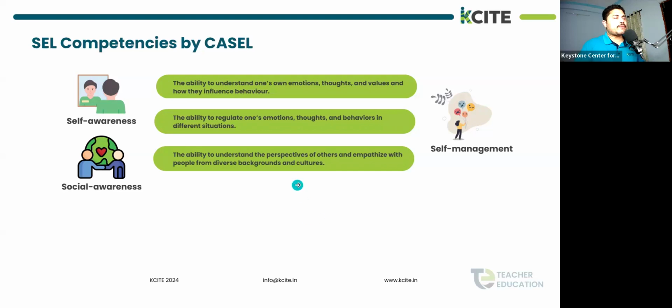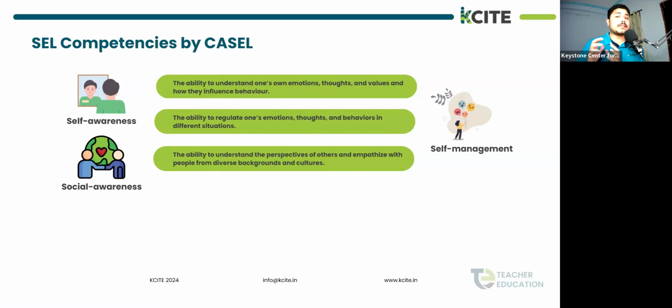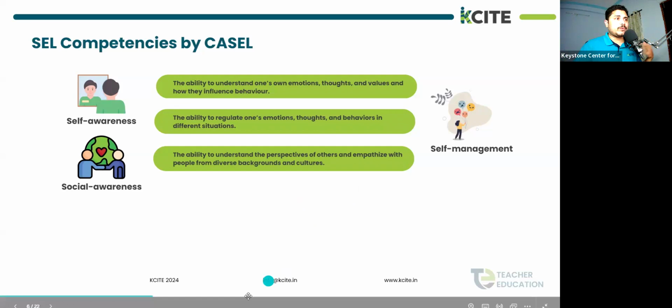Similarly, for those who joined the previous session, I have said this again and again about classrooms. Classrooms are by default a social environment. Did I say this or not? The people who were there in the previous session, can you tell me?